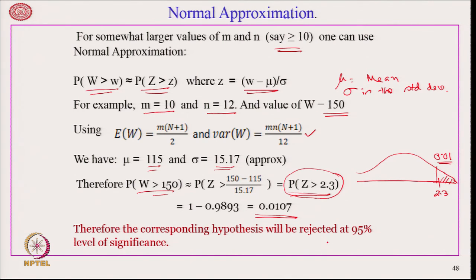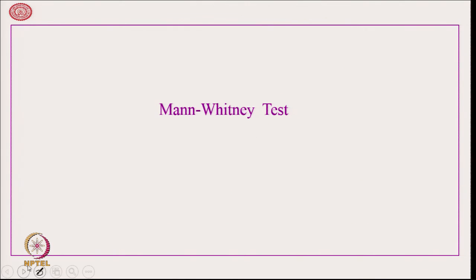Now, suppose we are testing at 5% level of significance, therefore, at 5% level of significance this is going to be rejected.